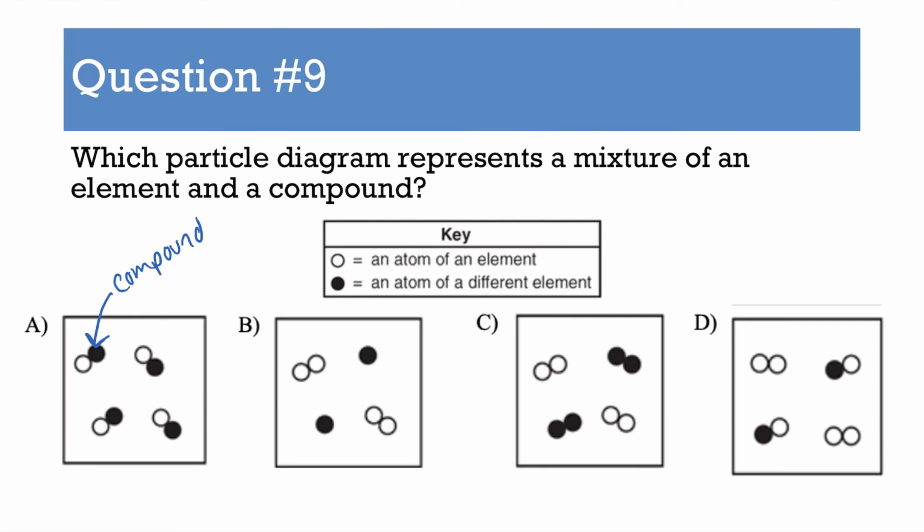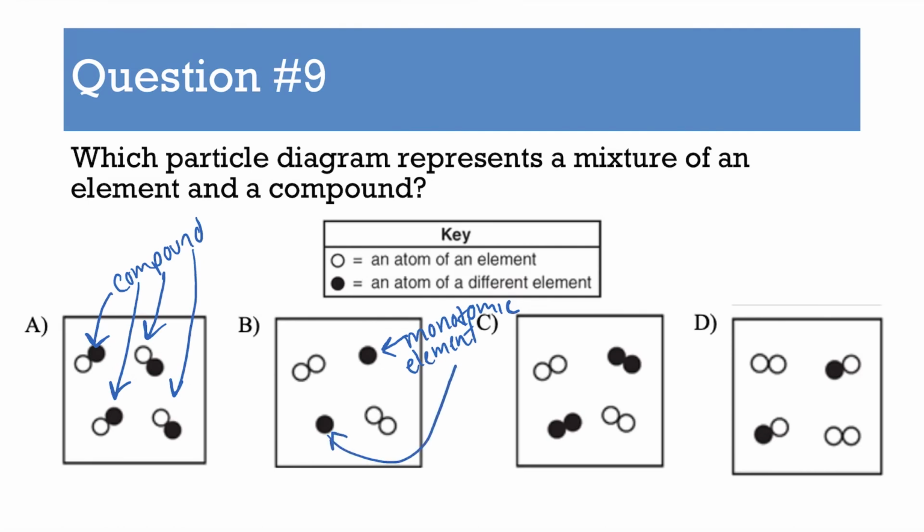And all the other things are the same. So they're all compounds. Now, in box B, any singular circle all by itself is an element. And we can even say it is monoatomic, because it's one atom of one element by itself.